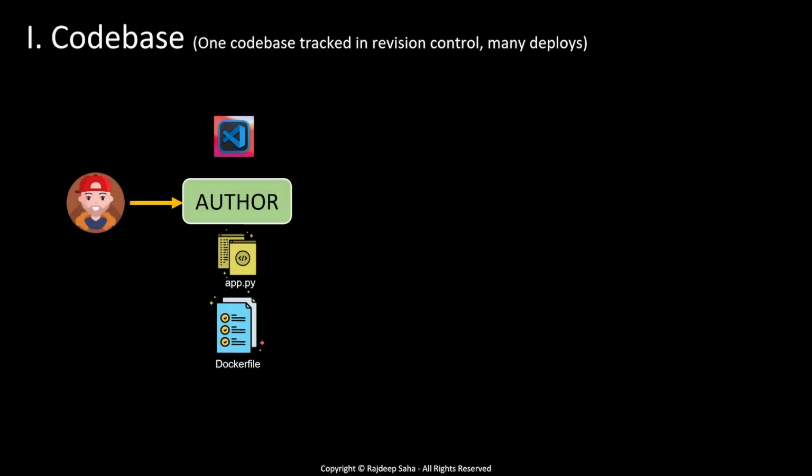And again, everything in this is in Roman numerals. I guess that makes it more impressive. But if we take a look at a traditional DevOps flow, you, the almighty developer, used some IDE such as Visual Studio Code to create your application program, app.py, and you want to deploy this to Kubernetes. So you also have a Dockerfile to containerize this app.py program.